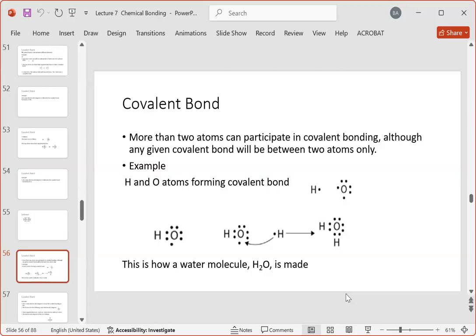Hydrogen and oxygen atoms forming covalent bonds. Let's see. Hydrogen has only one electron to share. Oxygen has six electrons.